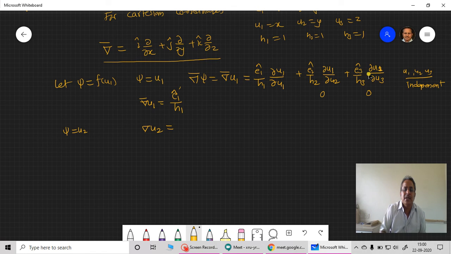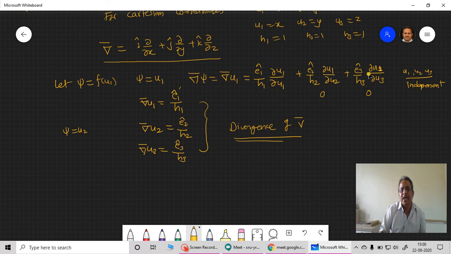Then grad u2 is equal to e2 cap upon h2, and in the third case grad u3 is equal to simply e3 cap upon h3. Remember, we will require this in the divergence relation, divergence of v bar, we will require all these things. That's why I have taken it here.